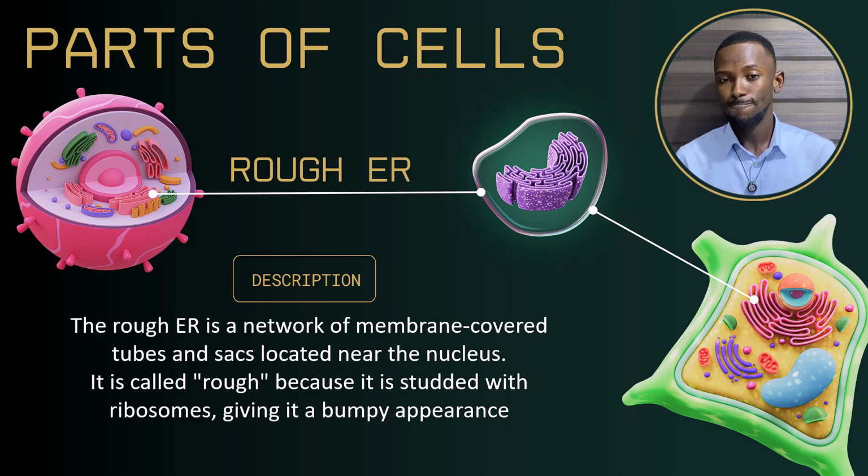So basically, the main difference between rough endoplasmic reticulum and smooth endoplasmic reticulum is the presence or absence of ribosomes. If there are ribosomes attached to the endoplasmic reticulum, then it is described as a rough endoplasmic reticulum. And guess what? It is located near the nucleus.